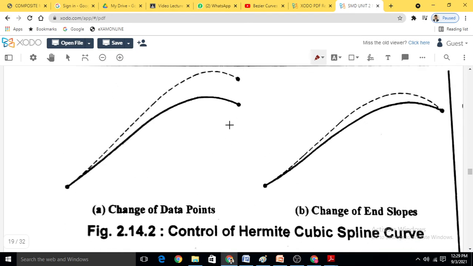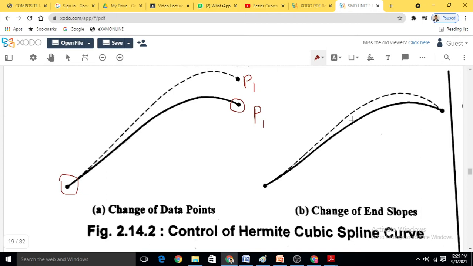See here, this is our point P0, the starting point, and this is our point P1, the end point. If we change the position of this from this to this position, then the shape of the curve will change. And we can also change the shape by changing its tangent vector.